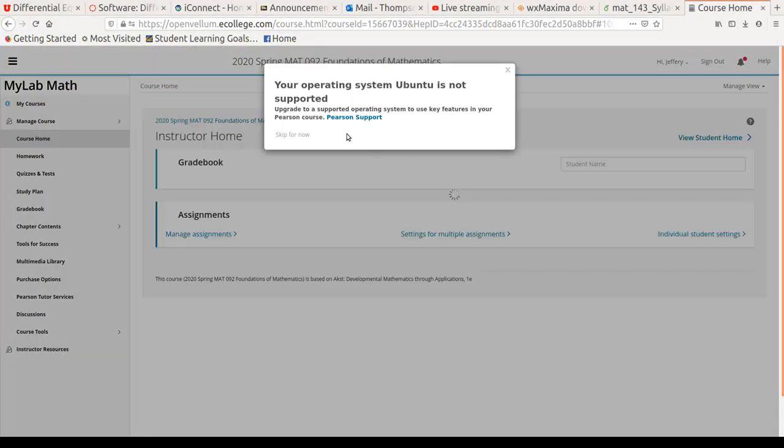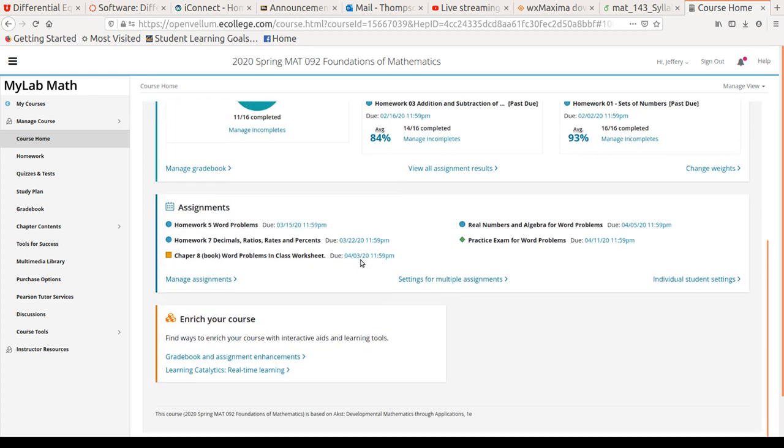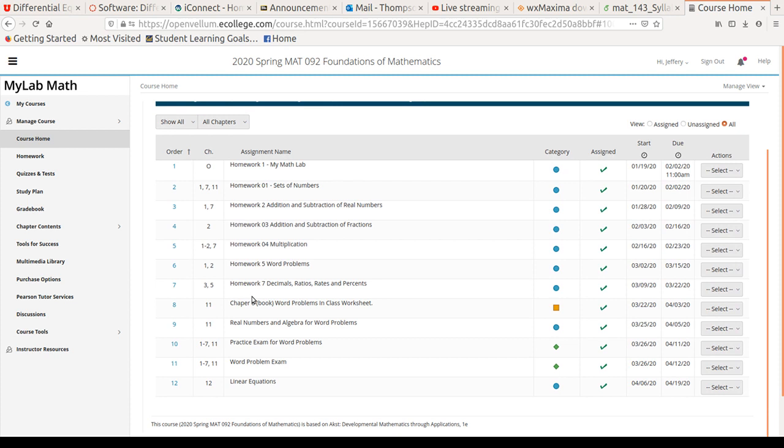All right, go into the assignments here, and this is a list of the assignments. I just put up a homework due on the 19th. The word problem exam is an actual exam. The practice exam is set up identical to the real one, and so the practice one is to get you used to Pearson.